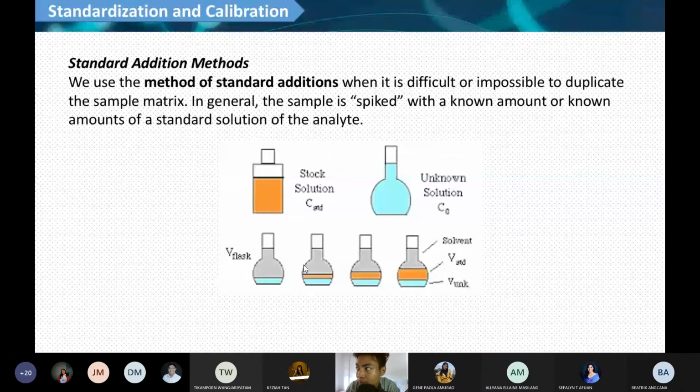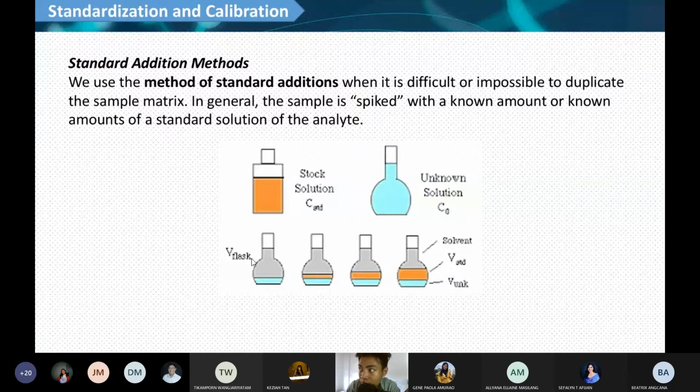So again, the standard addition method involves standards being added to your unknown solution, and then you analyze your solution alone and the unknown solution with the standard.